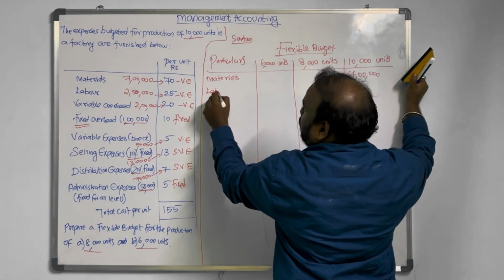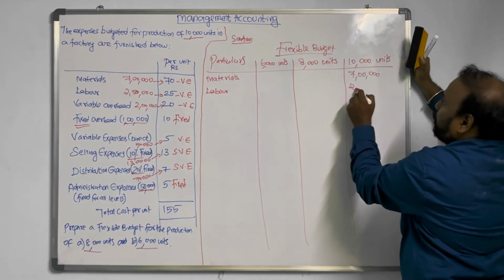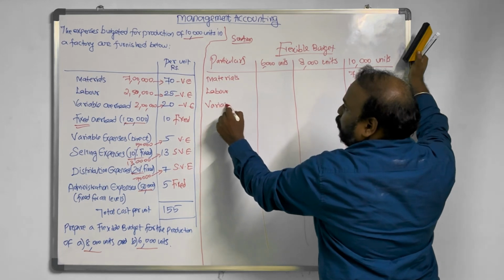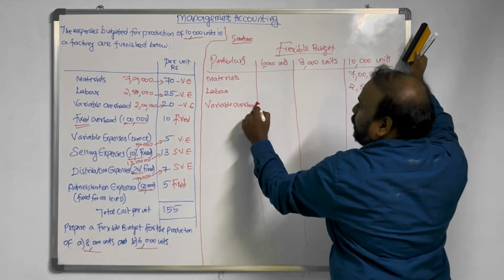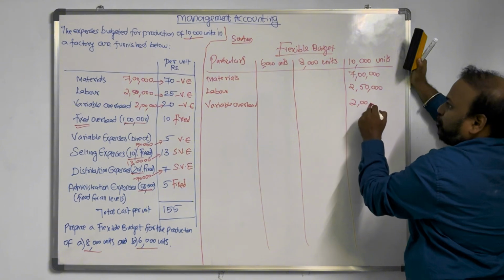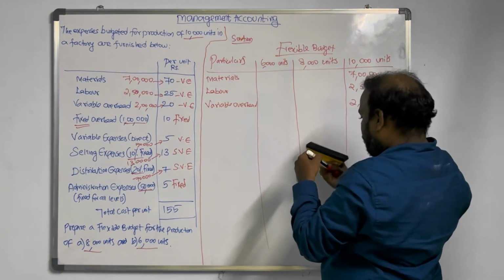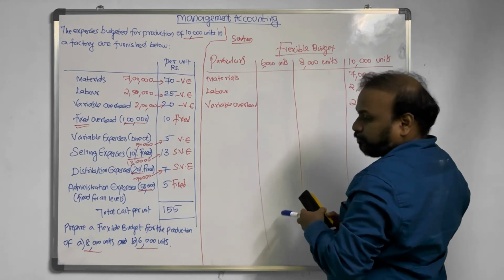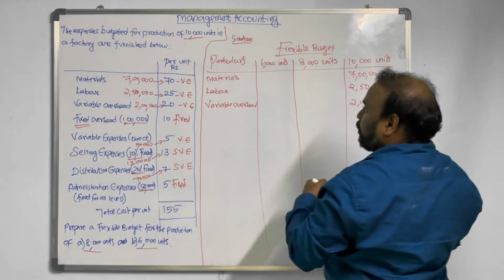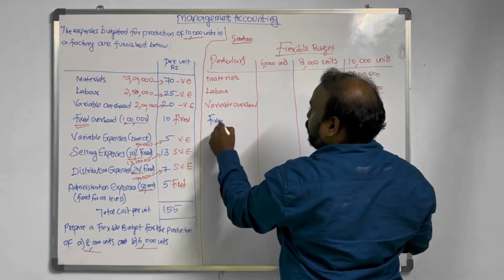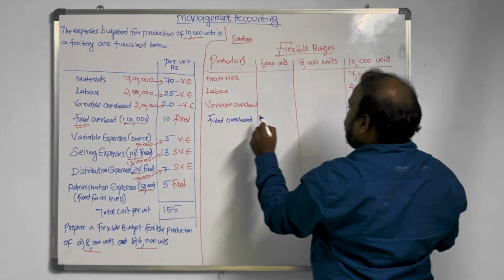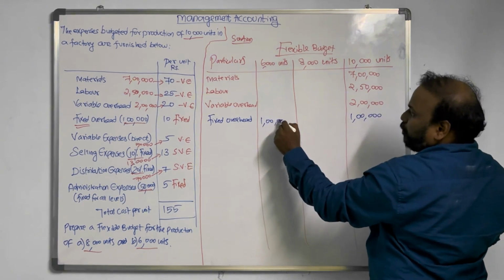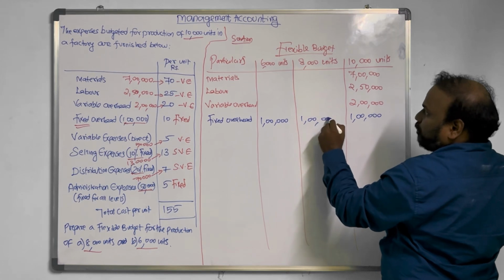The next is labor 2,50,000, variable overhead 2 lakh, then fixed overhead. I am going to use another color to differentiate. Fixed overhead 1 lakh. So it is a fixed overhead, you write 1 lakh for all the units.